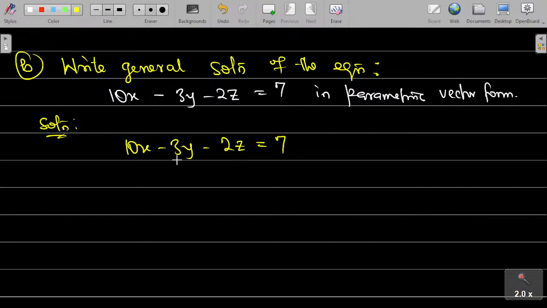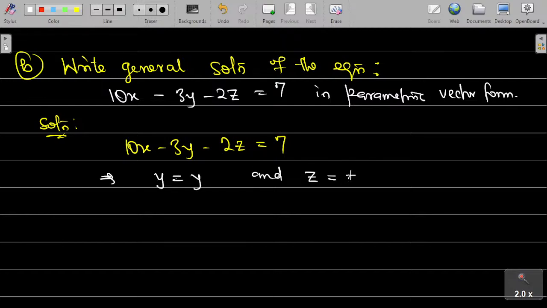Here you can see z and y are free variables because this is just one equation. Assuming there were two equations, then you would have two leading variables and only z would be the free variable. But since this is just one equation, y and z are free variables, so their values are fixed. So y is equal to y and z is equal to z.